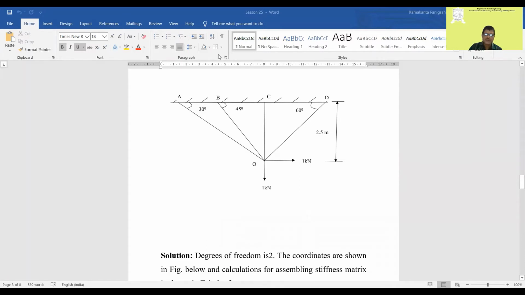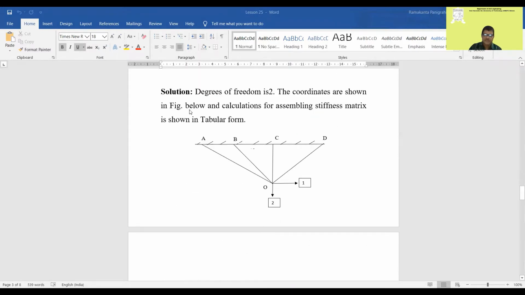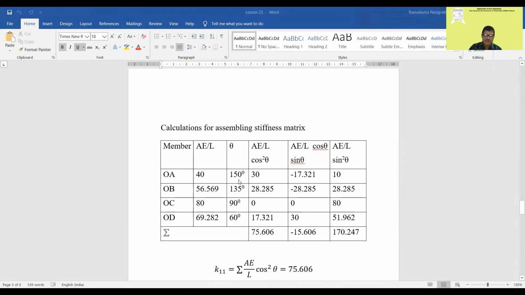Theta is measured from the axis in anti-clockwise direction. So accordingly 150, 135, 90, and 60, and we find the values for all these members.